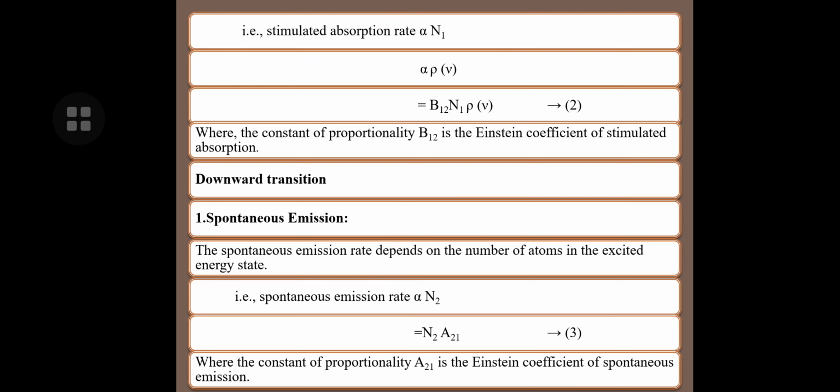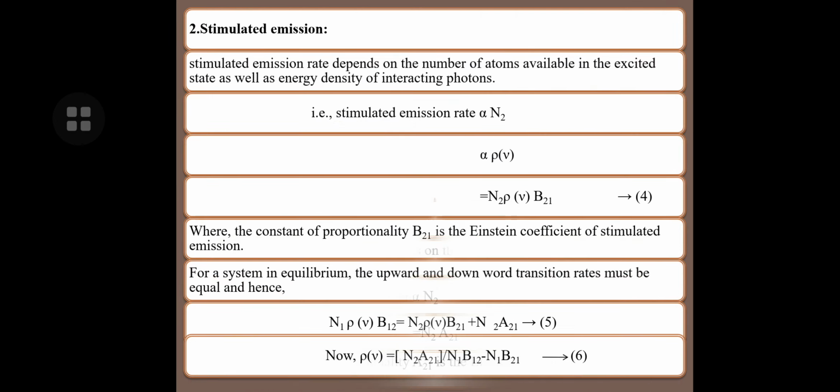Next, coming to stimulated emission. The stimulated emission rate depends on two factors here once again: the number of atoms present in the higher energy state and the external photon intensity. The stimulated emission rate depends on the number of atoms available in the excited state as well as the energy density of interacting photons.